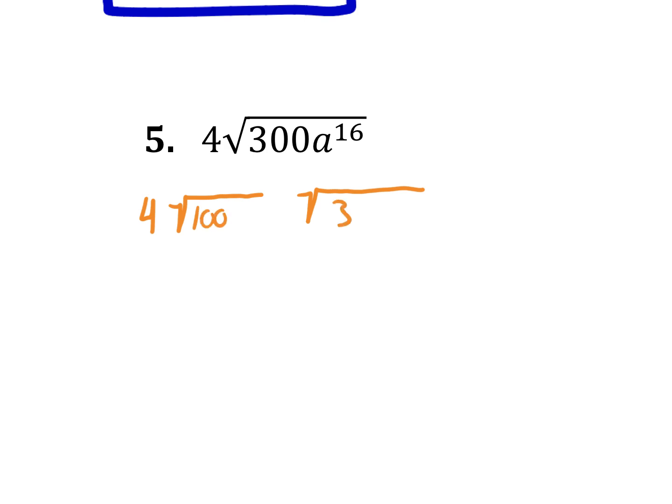Real quick, can you pause? 300 is also divisible by other smaller numbers. It's not wrong if you do that, but it's way more work for you. So make sure you start at the high end, start at the 100, the 144, the 121, all that, and work your way down, right?